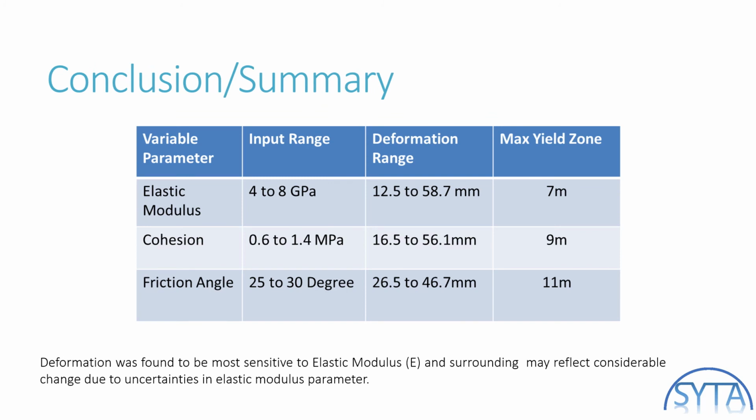So to conclude or summarize, we can see that deformation ranges vary by changing different input parameters, somewhere more and somewhere less, which gives us the sensitivity of that particular parameter towards the results. But in order to accommodate the risk, we have to check the sensitivity of all the parameters if we are not so sure about the particular values.